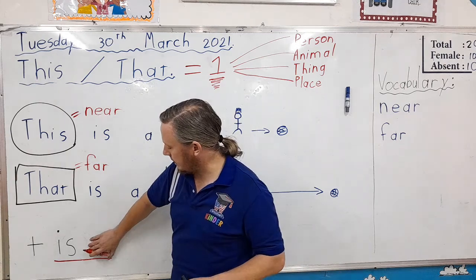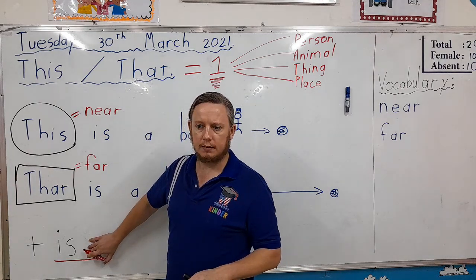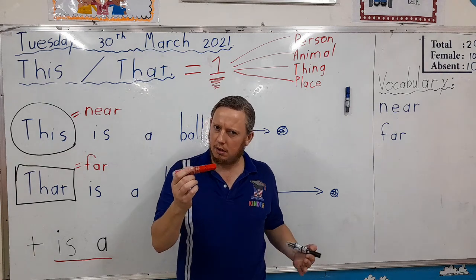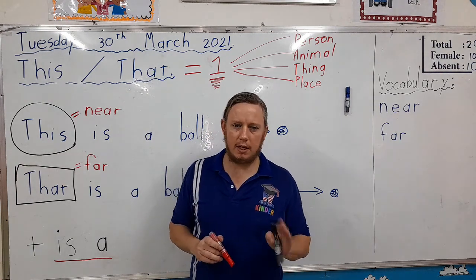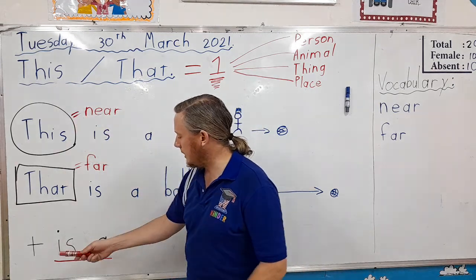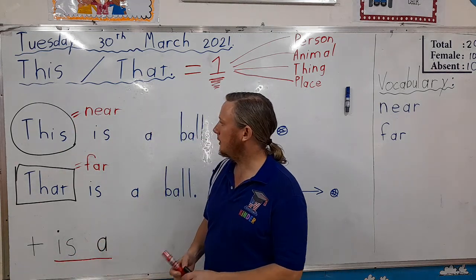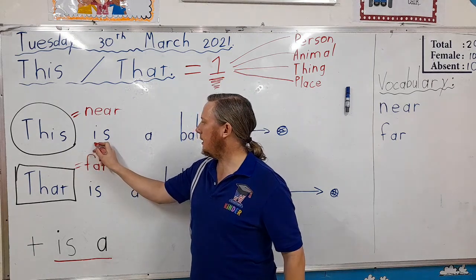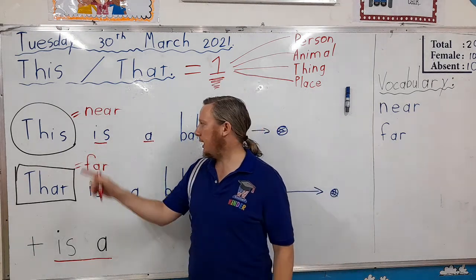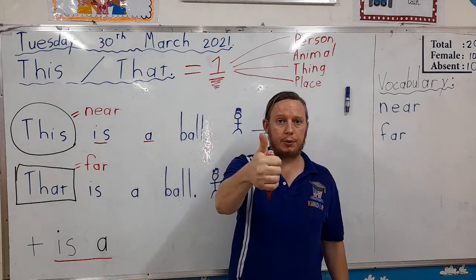Sometimes you will just have this is, but it doesn't sound right. This is marker. Okay, boys and girls, trust me, that is incorrect English. Always, always, always. After this must be is a. This is a. Shows me 1, and is shows me it's true.